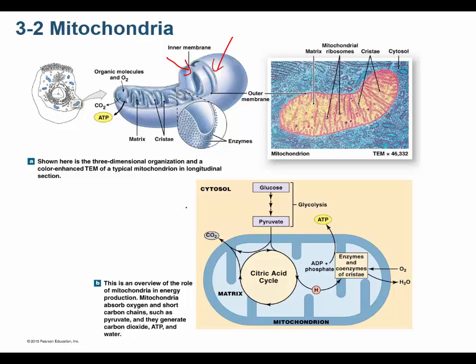So this picture right here is a really, really rough overview of metabolism. Glycolysis occurs in the cytoplasm, but Krebs cycle and electron transport chain occur in the mitochondria. Citric acid cycle is also known as Krebs cycle. And you make most of your ATP in your mitochondria.